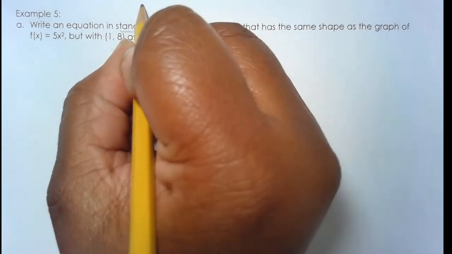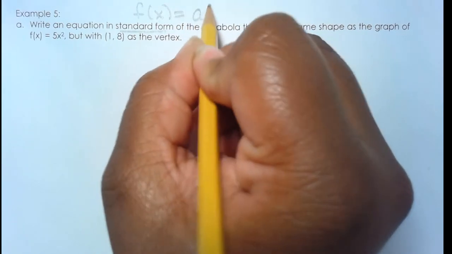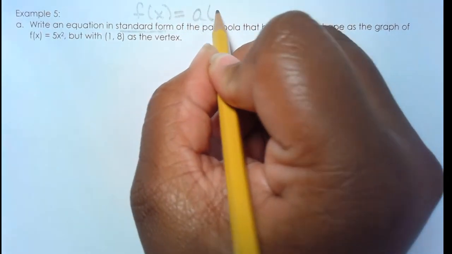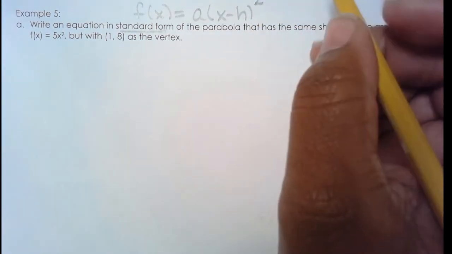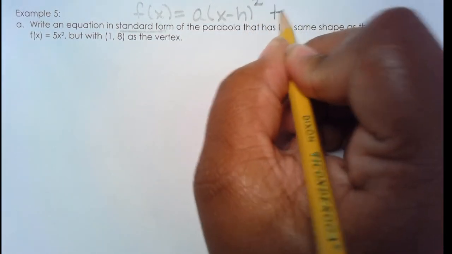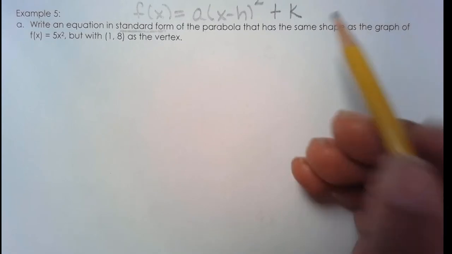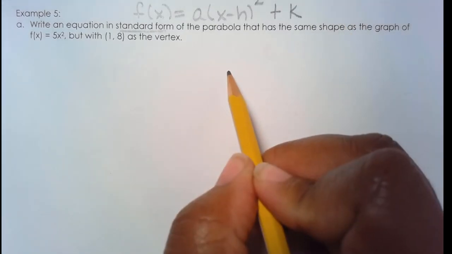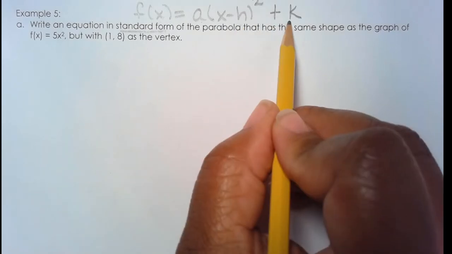So we're going to use f of x is equal to a times the quantity of x minus h squared plus k. Now, some information that we need here is, well, what is a? What would be our h? What would be our k?